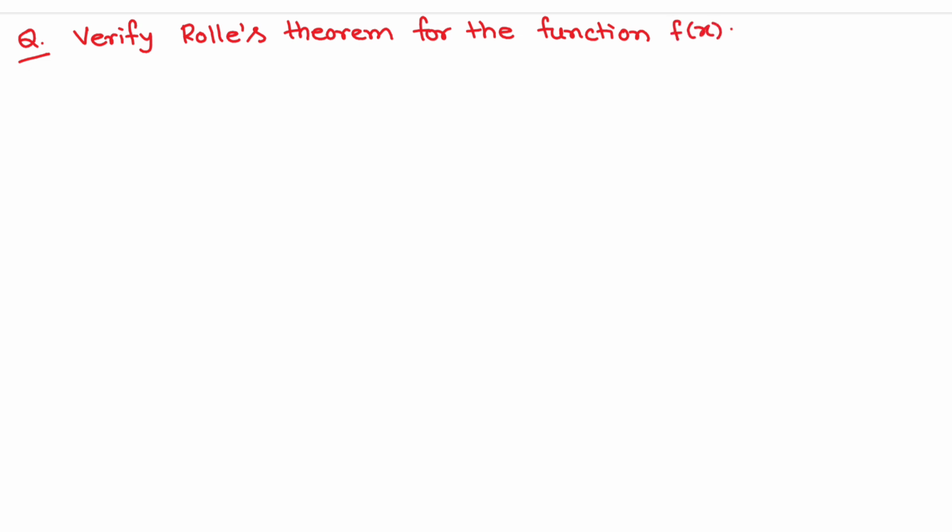Verify Rolle's theorem for the function f of x equals x square minus 6x plus 8 in the interval 2, 4.